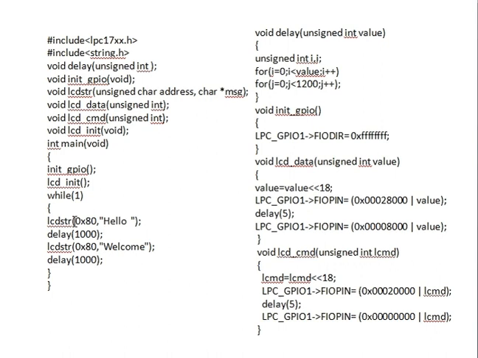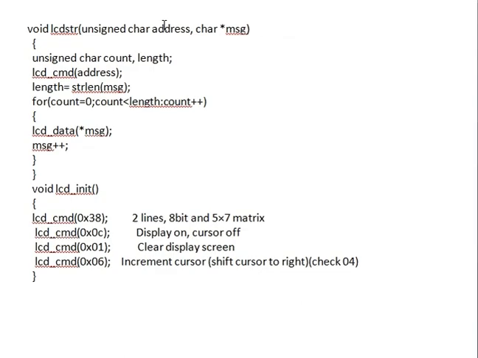So what happens when you invoke the function lcd_str? It takes two arguments as discussed, and after that we define the count. The character count is actually the index which needs to go from 0 until the length is reached.